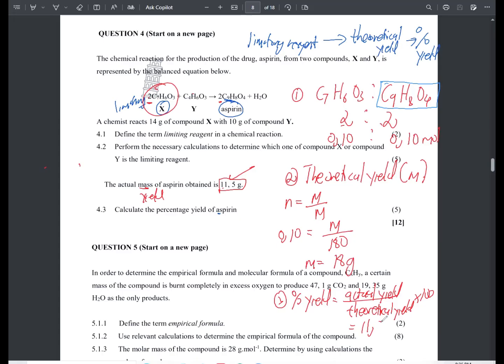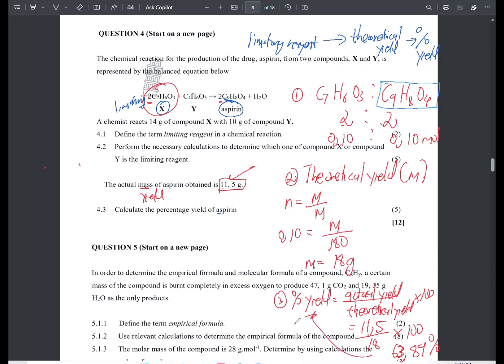So 11.5 divided by 18 multiplied by 100. This is going to give us 63.89%. There we go, 63.89%.